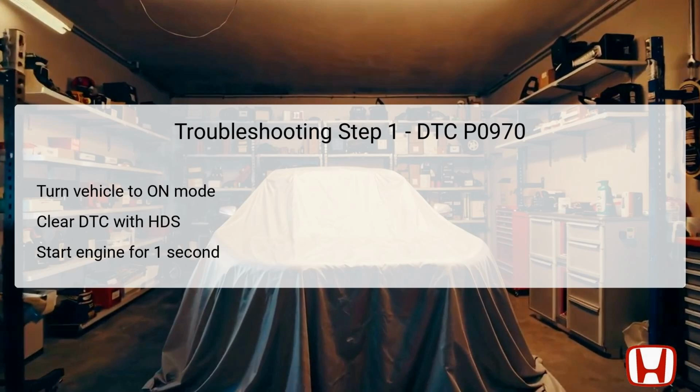Next, use the Honda Diagnostic System (HDS) tool to clear any existing DTCs, including P0970. After clearing, start the engine and wait for at least 1 second, giving the system time to reevaluate the status of the solenoid functionality. After this, recheck for any pending or confirmed DTCs using the HDS.